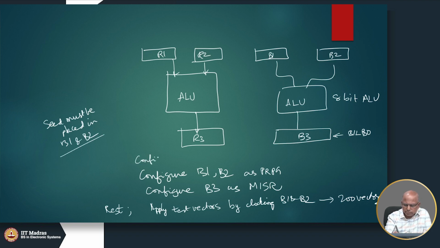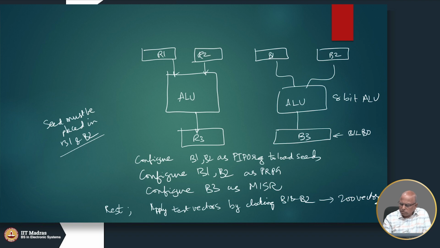Configure B1, B2 as parallel in parallel out registers to load the seeds. Then we can configure them to work as PRPG. Then configure B3 as a MISR.